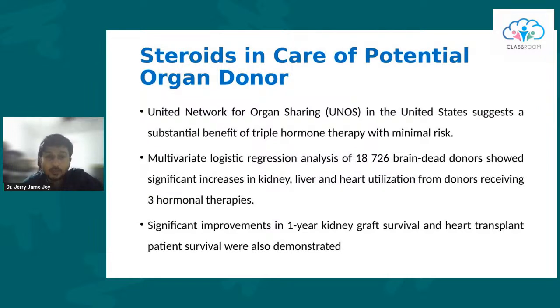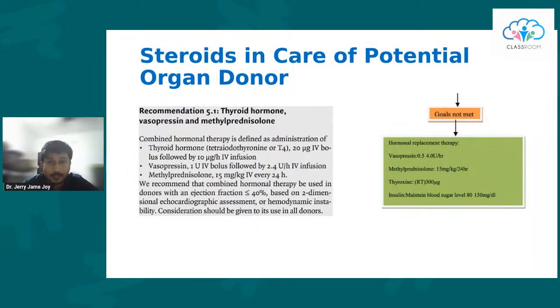The United Network for Organ Sharing in the United States suggests a substantial benefit of triple hormone therapy with minimal risk, and multivariate logistic regression analysis of 18,000 brain dead donors showed a significant increase in kidney, liver, and heart utilization from donors receiving the triple therapy, and significant improvement in 1-year kidney graft survival and heart transplant patient survival were also demonstrated with triple therapy.